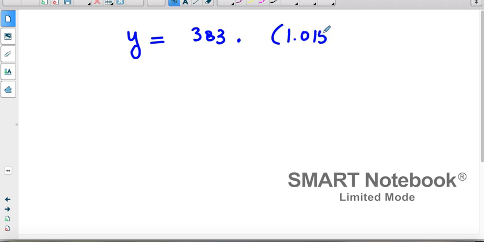Let's look at our result from the previous podcast, when we used a different way. We used 2 points to find our formula, and we came up with 383 times 1.015 power x. Now what we will try to do is change this into base e.